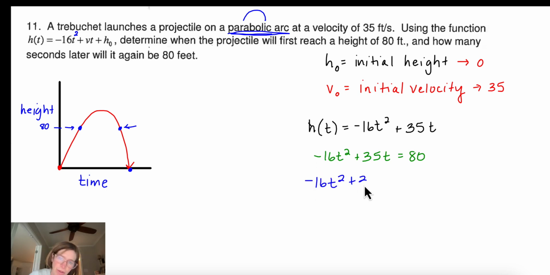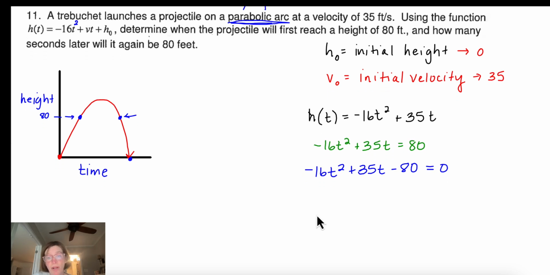And then I want to think about the 3 methods I have for solving that quadratic equation. So I could factor. This doesn't look so great. It doesn't look like it would be fun to factor. Completing the square. I'm not going to complete the square because the a term is not 1 and the middle term is odd. And then the last one would be the quadratic formula. So in this case, I'd be using the quadratic formula.